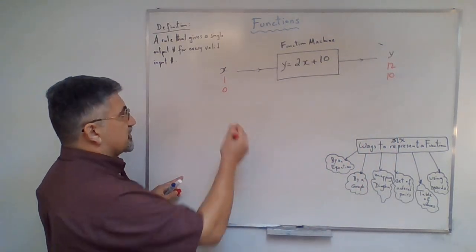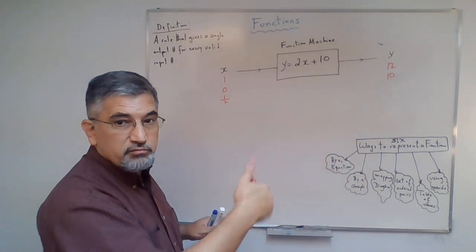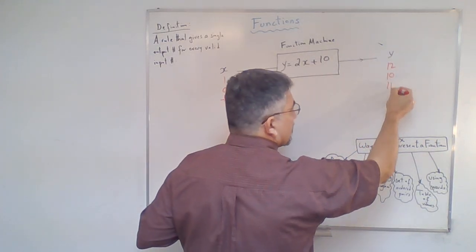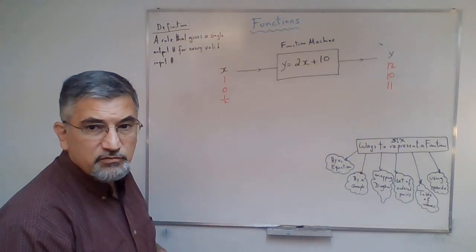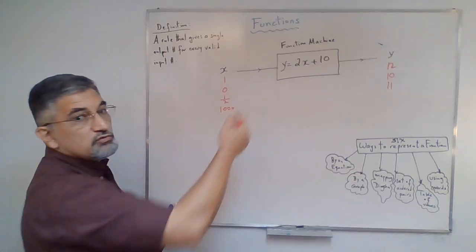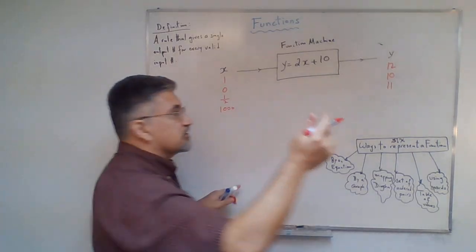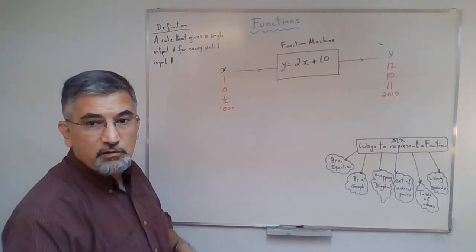And if the input number is a fraction, let's say 1/2, if you double it, it's 1 plus 10, it's 11. So for every input number, we do have an output number. I can just write something large, 1,000, for example. So it's going to be 2 times 1,000, that's 2,010. So 2,010 would be the output number.